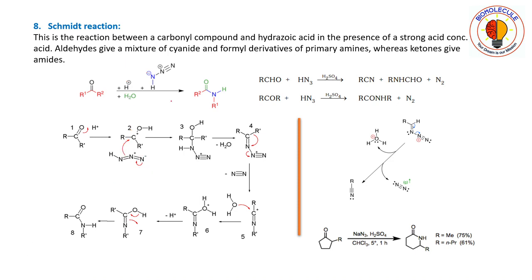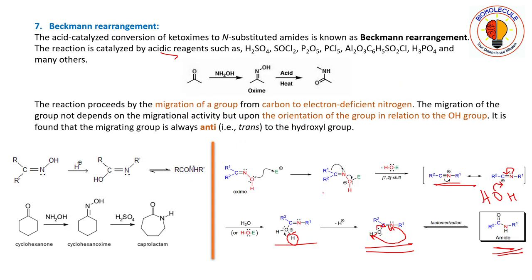So what you are getting is this compound. Now this compound can easily lose this N2 molecule. This is a good leaving group. Similarly, in the Beckmann rearrangement, if this is a water molecule, or any other molecule, then it is a very good leaving group.